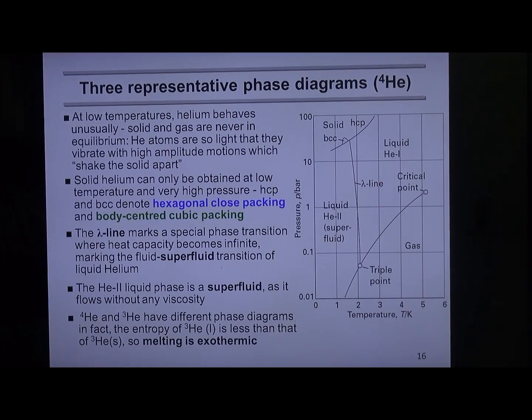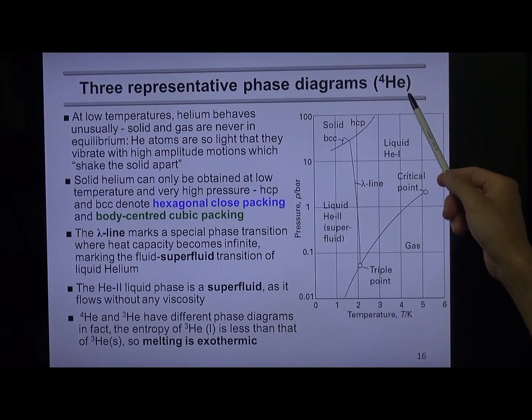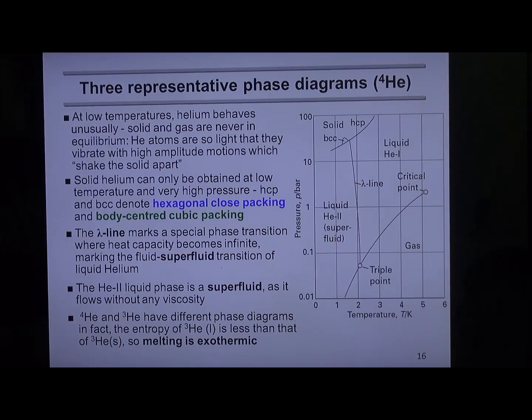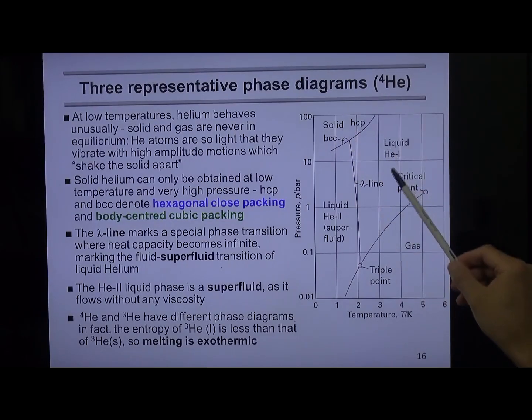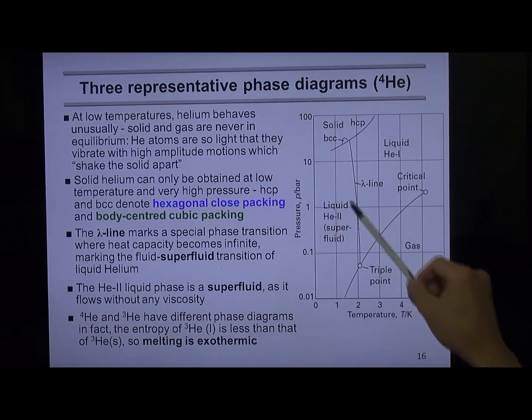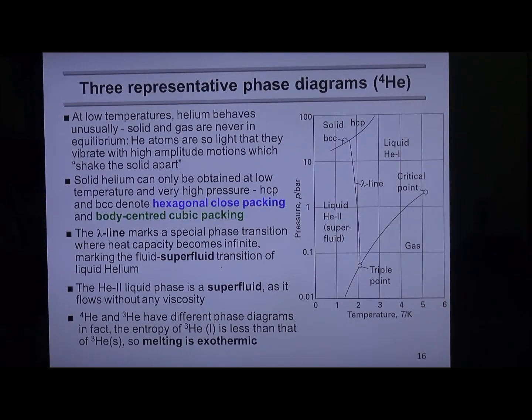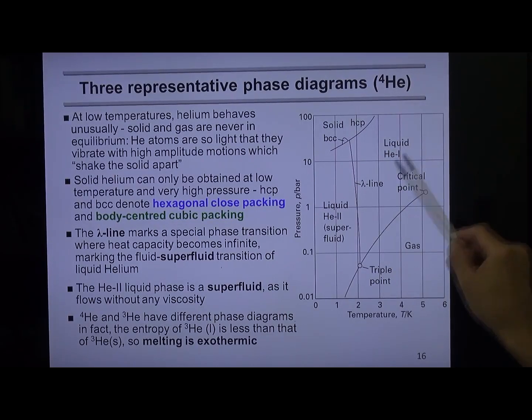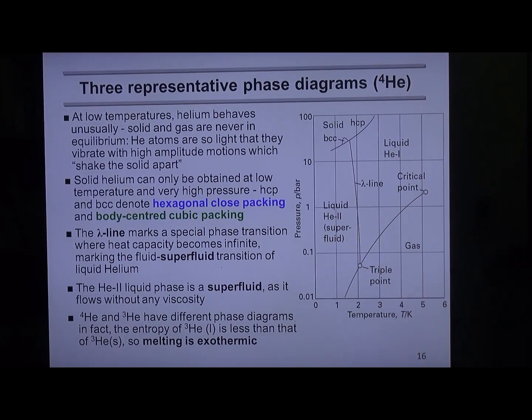Third one is for helium, especially at low temperature. As you see in this diagram, it is at 0, 1, 2, 3, 4 Kelvin, really low temperature. So as you see, there is solid, liquid 1, liquid 2, gas. And liquid 1 is just liquid, liquid 2 is superfluid. It's not the same as supercritical fluid actually, so it's called superfluid.